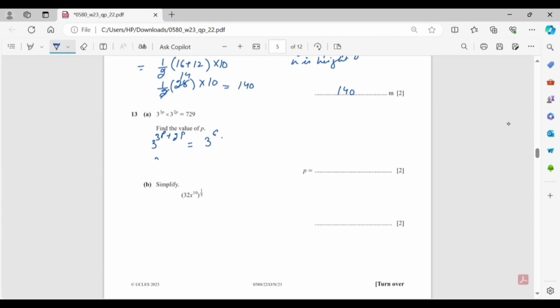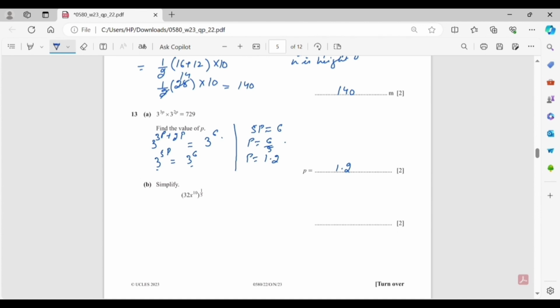So 3 raised to the power 5p will be equal to 3 raised to the power 6. Now as the base is the same, we can compare the powers. So 5p will be equal to 6. p will be equal to 6 by 5, which is 1.2. So p is equal to 1.2. That is our answer.